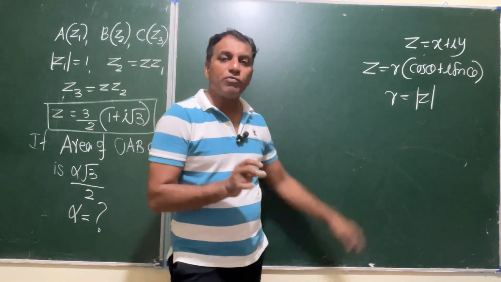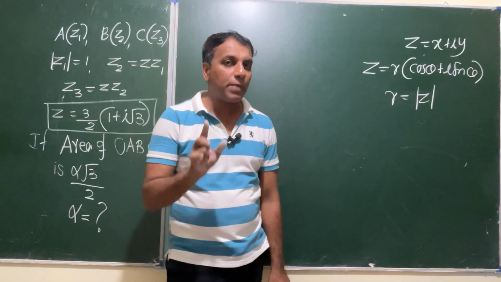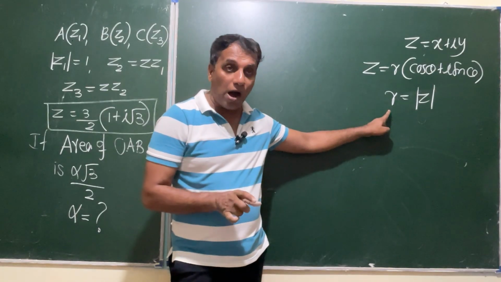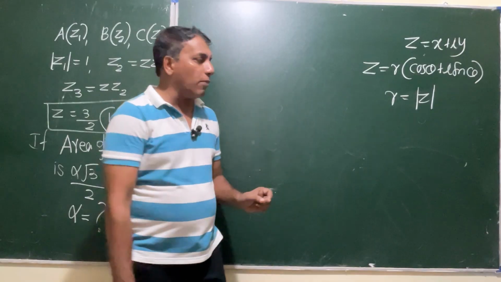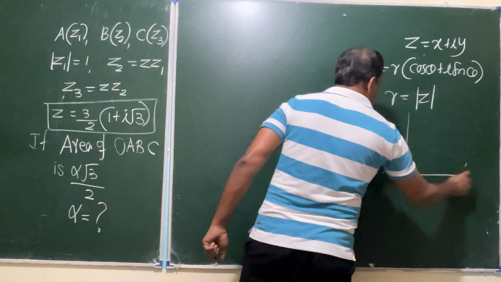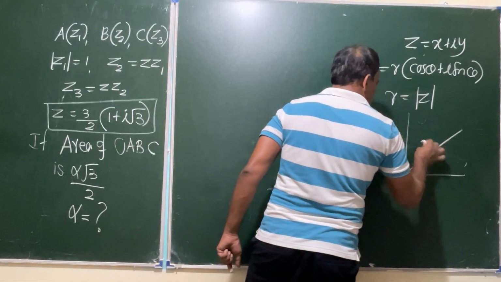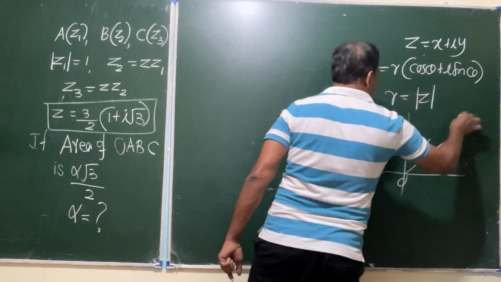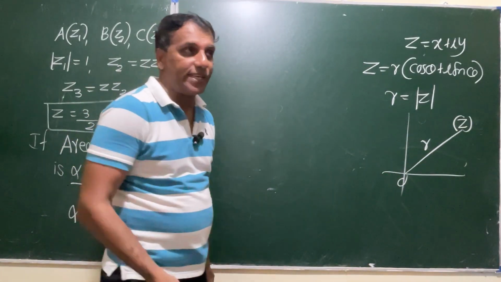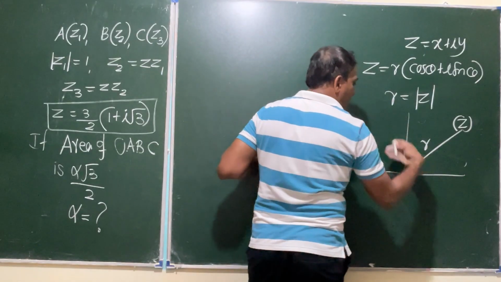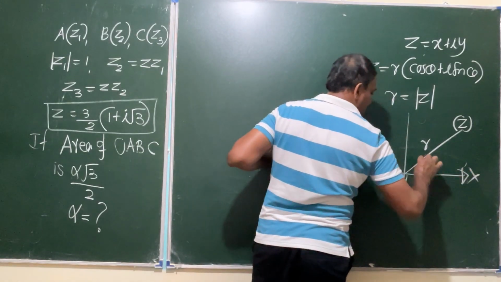Actually, the meaning of the modulus of a complex number is that it is a number r, the distance from the origin to the particular complex number z, right? And theta is the argument or amplitude, which is made with the real axis, the positive direction of the x-axis.